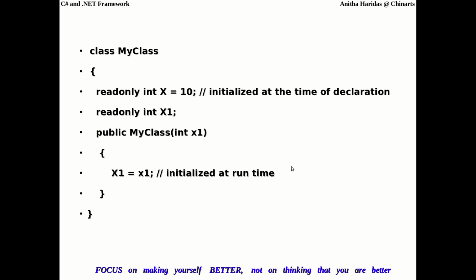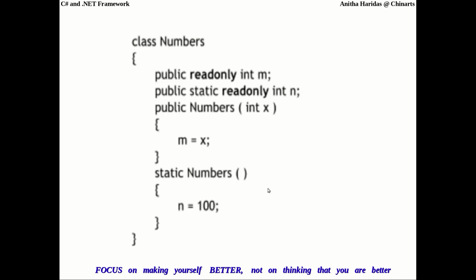So this will be initialized at runtime, whereas this will be initialized at compile time. This read-only member will be treated similar to your constant member const, but here it is purely a read-only member. So both x and x1 are going to be constants for each and every object of class MyClass.